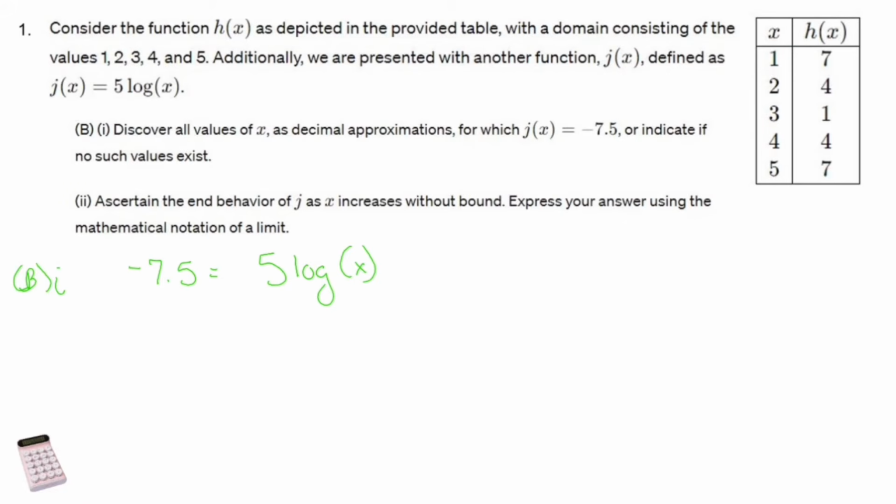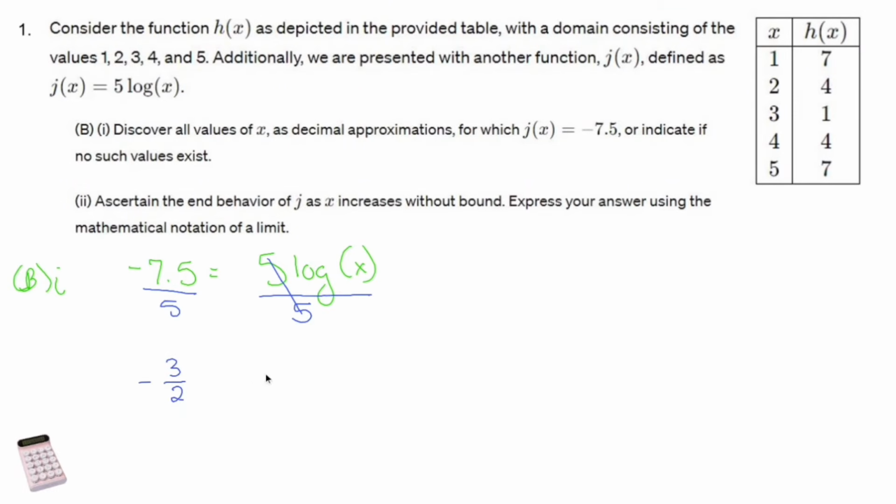Well, x is trapped inside of a log, so I need to get the log all by itself so I can get x all by itself. If I divide both sides by 5, that gets the log all by itself. So this is actually negative 3 over 2. If you didn't know that, this is a calculator section, so by all means, use a calculator.